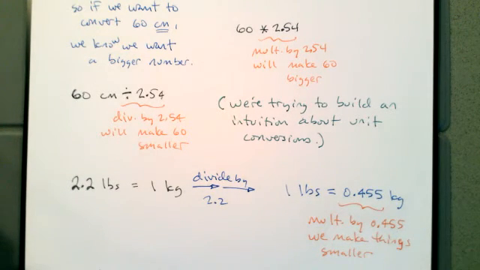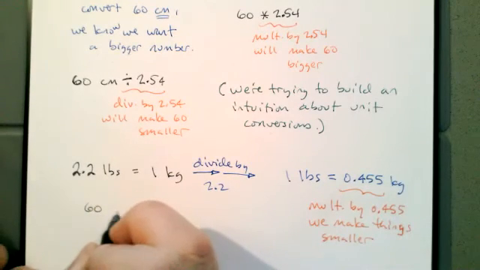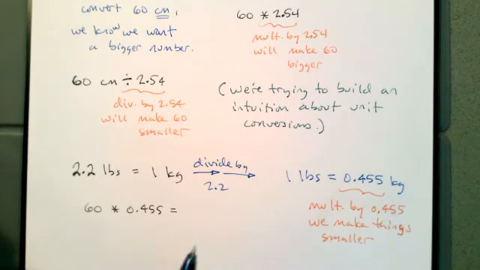So now, if I have 60 pounds and I want to convert that to kilograms, I can use the 0.455 to do it. I know that kilograms are bigger and I want to make the 60 smaller, so I can multiply by 0.455 and that'll give me a smaller number. So if I take the 60 pounds and I multiply by 0.455, that'll get us a smaller number.